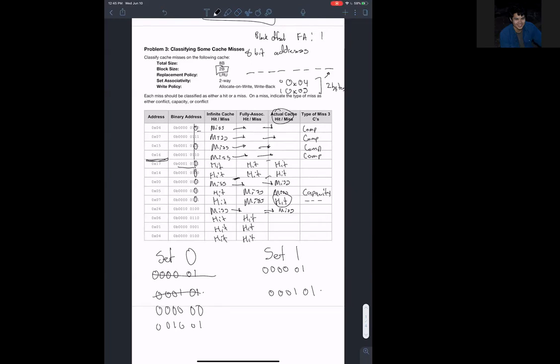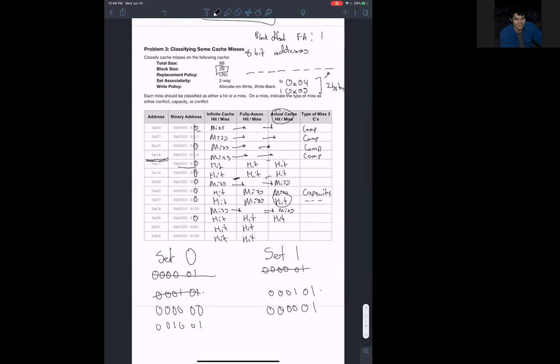So which set do we need to do a lookup in for 0x06? Yep, set 1, and is it a hit or a miss? So it's a hit. And because it was a hit and it was in set 1, we just update the least recently used value. So that means this one is now highest priority, or lowest priority for being evicted.